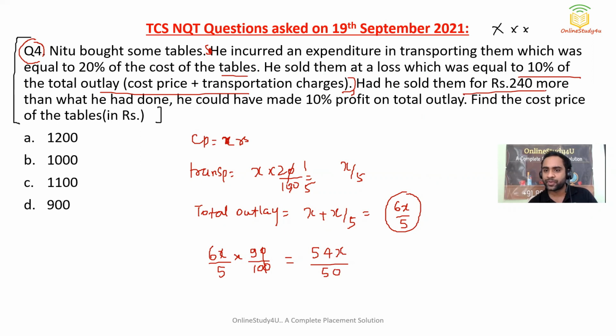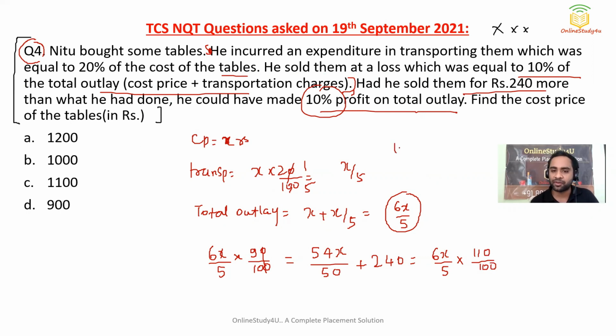Had he sold them for 240 rupees more, he could have made 10% profit on the total outlay. So 6X by 5, and 10% profit means 110 by 100, right? If there is any kind of profit, add it to 100 and divide by 100. If you solve this, you will be able to get the answer.